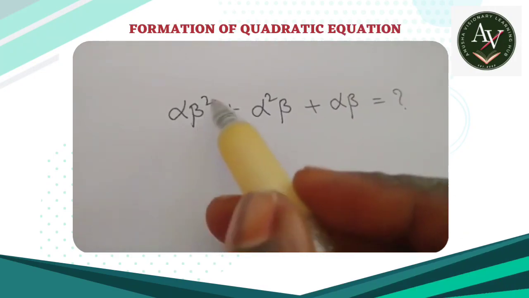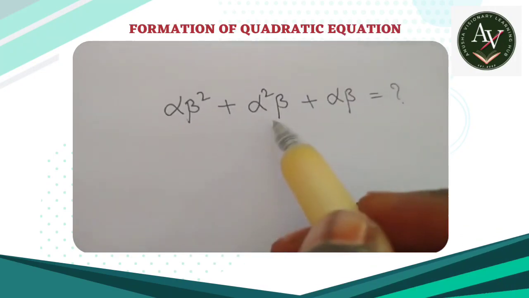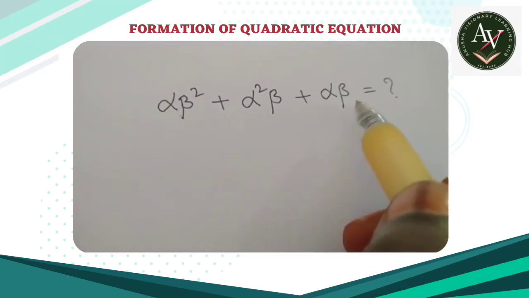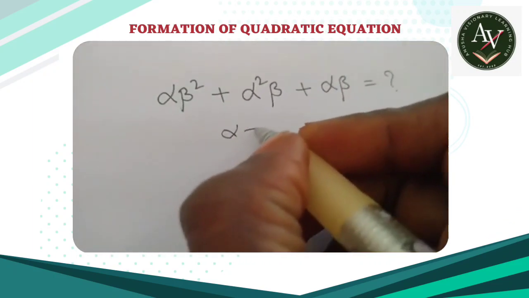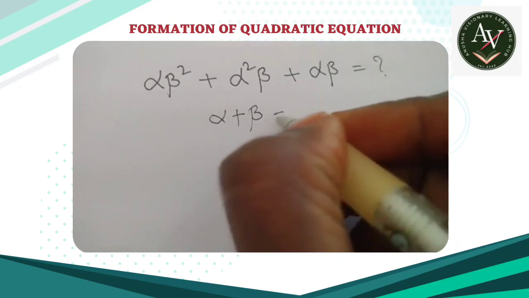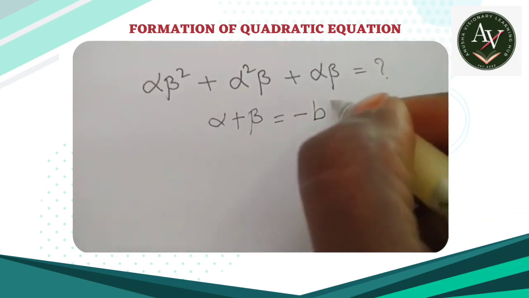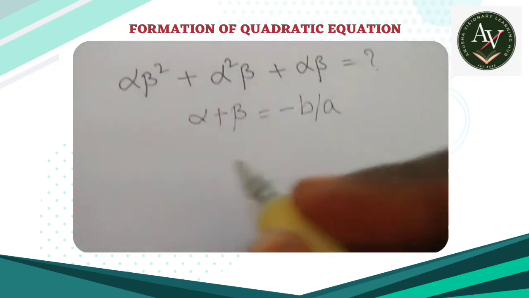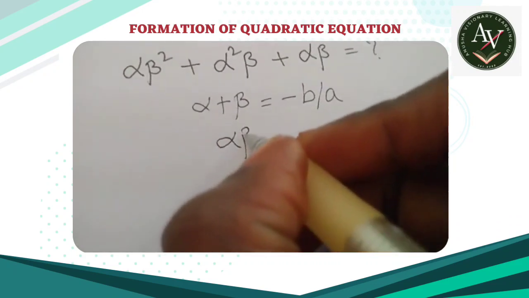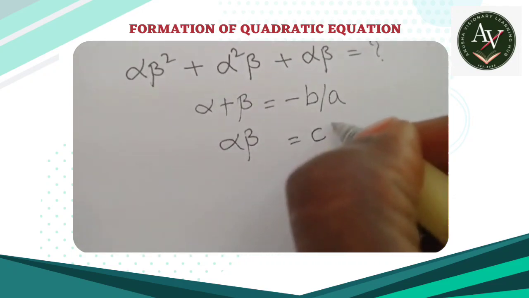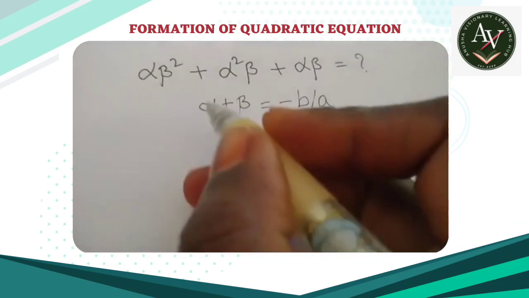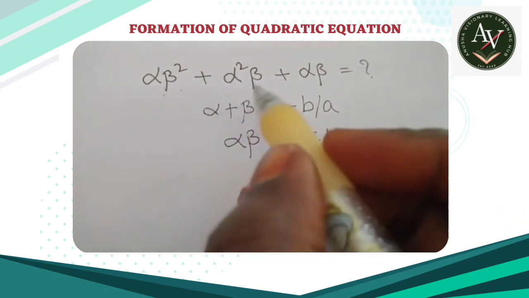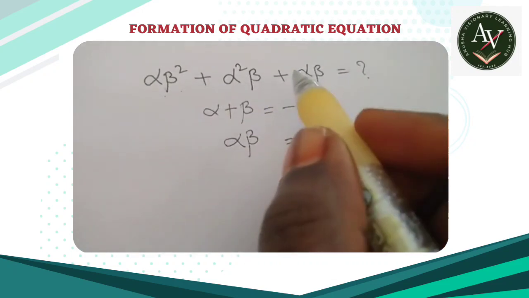Find alpha beta square plus alpha square beta plus alpha beta. Already we know alpha plus beta is equal to minus b by a, and alpha beta is equal to c by a. Now just take alpha beta as common from all these three terms.